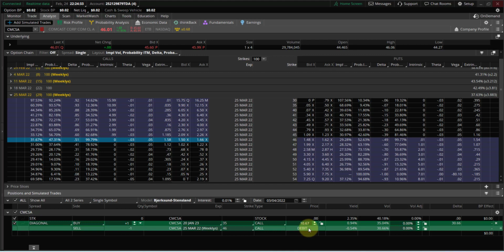But remember, we were buying the long-term option for about $1,200, and now we're selling this short-term option for about $155 to $160. The idea is, no matter what, this time value will always decay, whether the stock goes up or down.